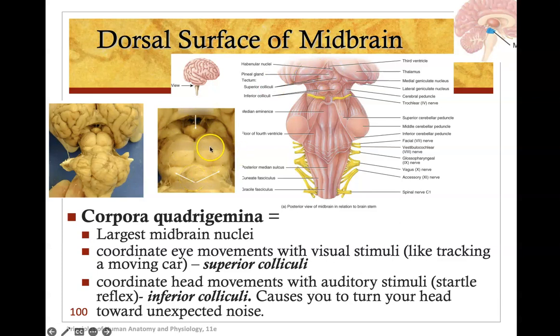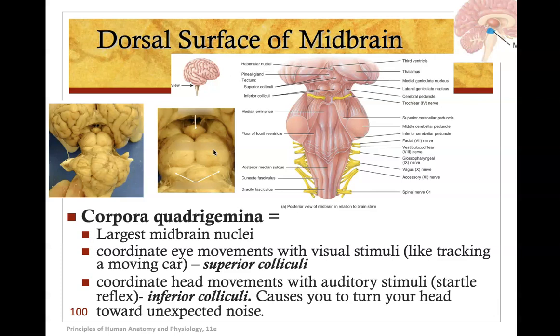Now we're really going to focus on those superior colliculi and inferior colliculi separately because they do slightly different things. These superior colliculi, the two hills on top here, are going to coordinate your eye movements with certain visual stimuli.